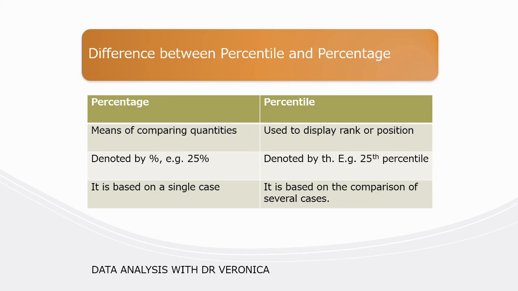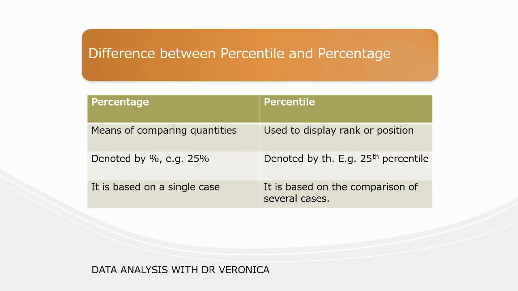But a percentile is denoted by th. For example, you can say the 25th percentile, the 50th percentile, the 75th percentile, and so on and so forth. So a percentage is based on a single case, but a percentile is based on a comparison of several cases.